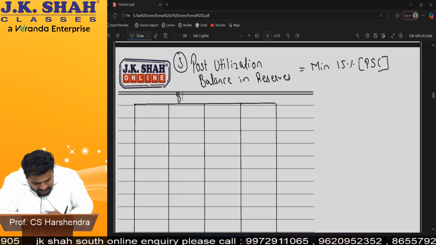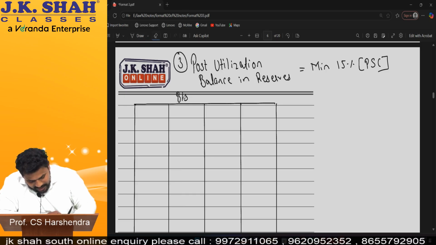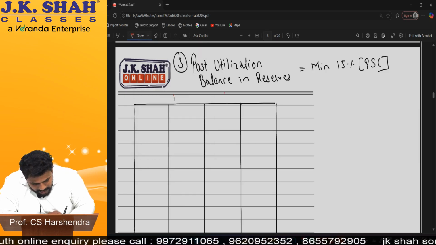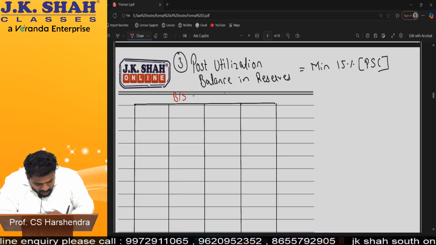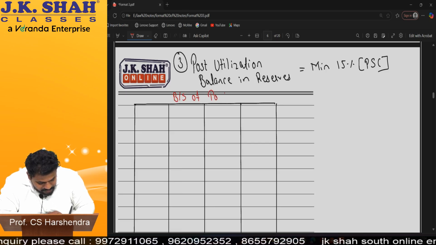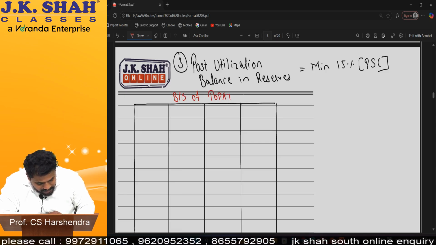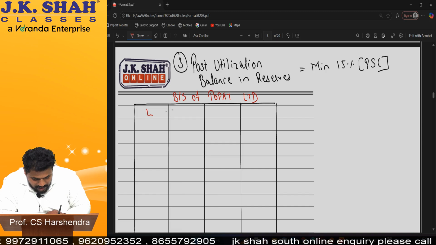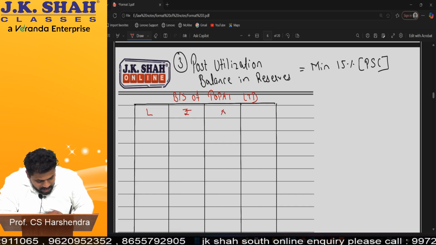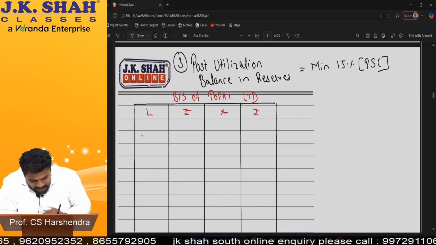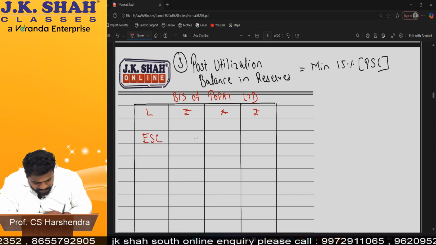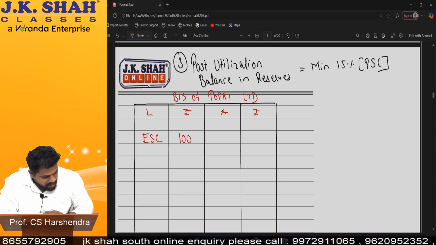Example, this is a balance sheet. I'll change the ink. Balance sheet of Popat Limited. Okay, this is liabilities, amount, assets. Example, my equity share capital, paid up share capital, is 100 rupees.